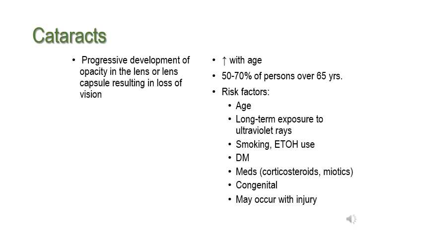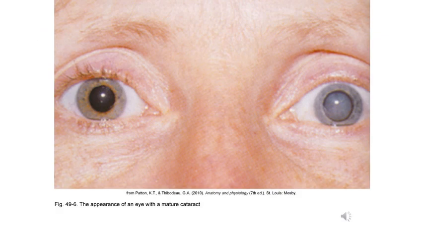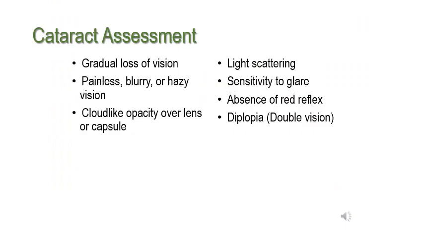This is a progressive development of opacity in the lens, resulting in loss of vision. Unlike glaucoma, they're both progressive, but cataracts can be successfully treated. So here's a picture where you can see clearly the appearance of the eye that has the mature cataract and that gray opacity. As far as the cataract assessment, there will be gradual loss of vision, both close and distance.